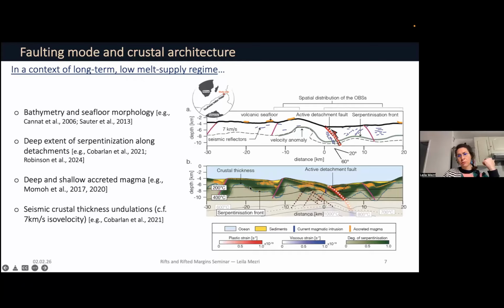So these lines here with the circles represent the crustal thickness, which corresponds to the volume of accreted magma plus the volume of serpentinized mantle. There is an important thing to say before starting. You see we have the magma that is emplaced at different depths.